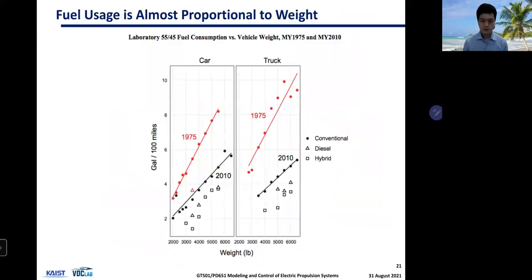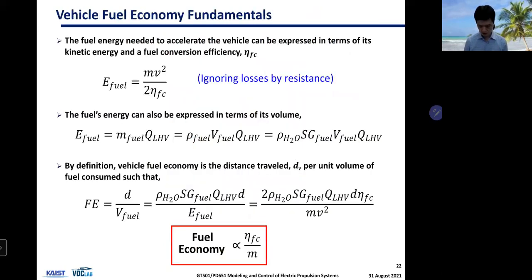And one of the major factors is the weight of the vehicle, obviously, but maybe it's not clear, the clear relationship between weight and the fuel economy. And this slide shows a quick relationship between those two using some basic equations.